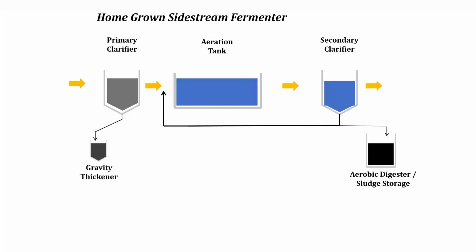How do I do that? I cycle the air on and off. Maybe you're already doing that with your aerobic digester if you have one. So during the air on cycles, you're probably making it aerobic enough to get aerobic breakdown in your sludge.